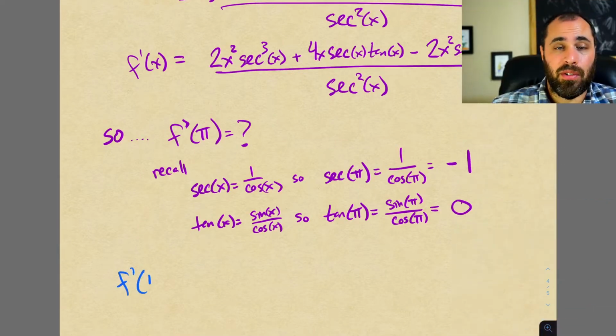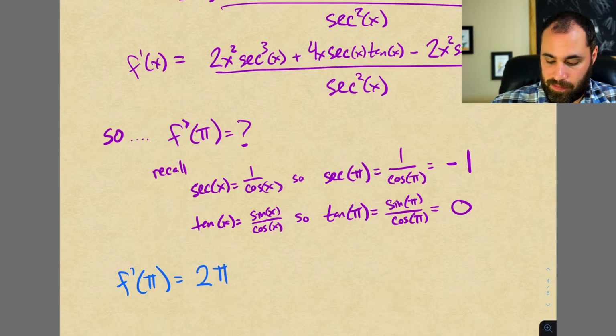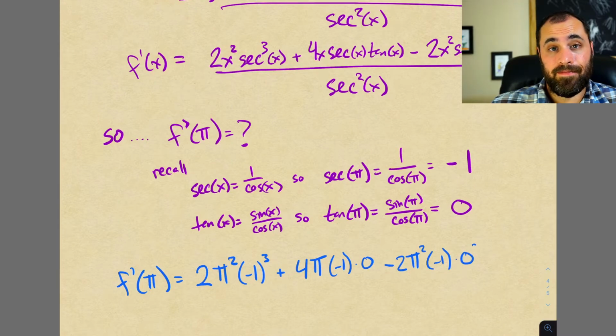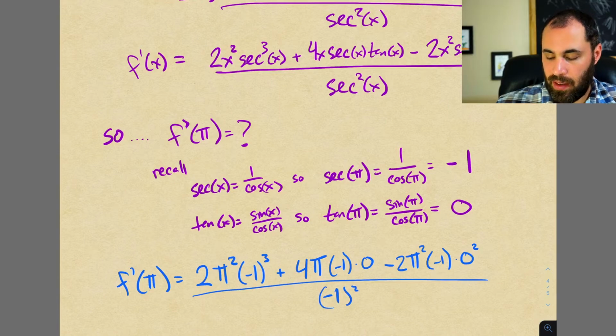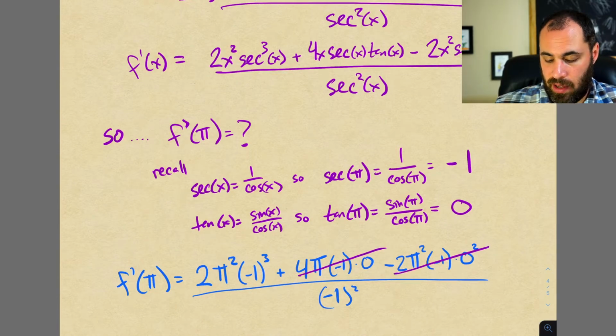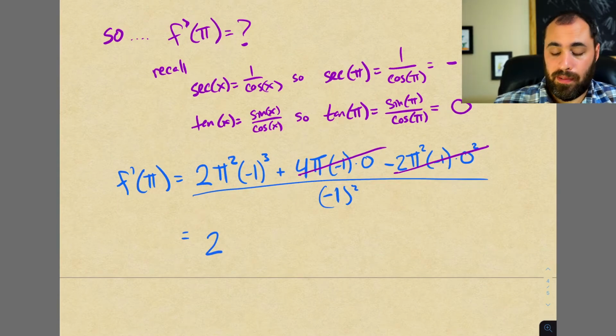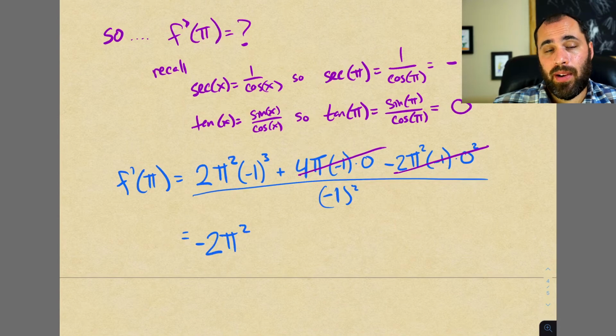That'll be really helpful, so some of these terms will just disappear. If we plug them in carefully, we'll see f prime of pi looks like this. Cancel out the terms that are equal to 0. Minus 1 squared is 1. Minus 1 cubed is minus 1. And the answer is minus 2 pi squared, which is about negative 19 something.